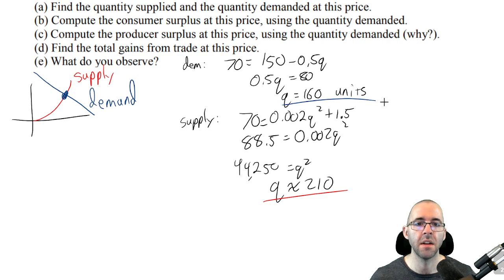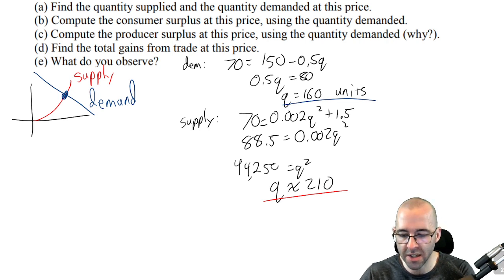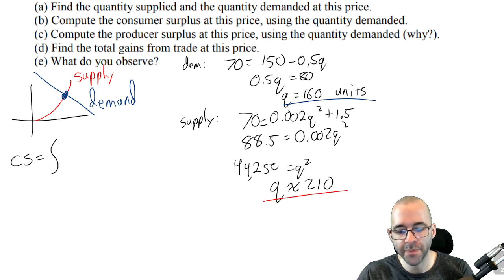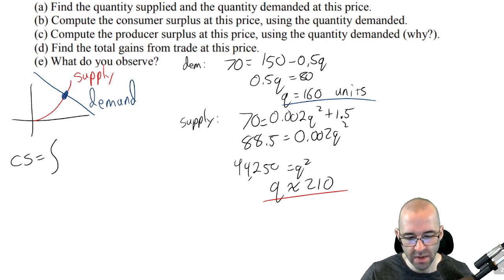Okay. So using the quantity demanded at 160 units, find the consumer surplus. The consumer surplus, remember, was the integral from 0 up to the quantity demanded.